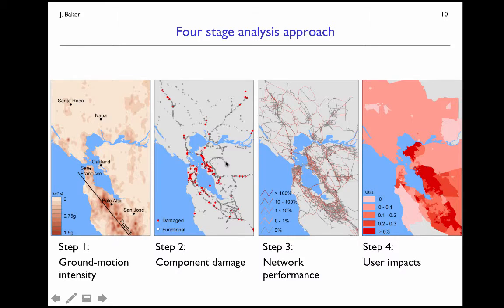And then once we predict the damage to the bridges, we're going to look at how that bridge damage impacts the network in terms of flow capacity on given links and the travel time increases that reduced capacity implies. And then once we have a model for the reduced traffic capacity and increased travel times, we're going to study how that impacts the users of the network geographically, and I'll explain that further in a moment.